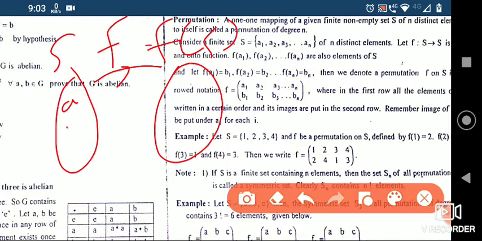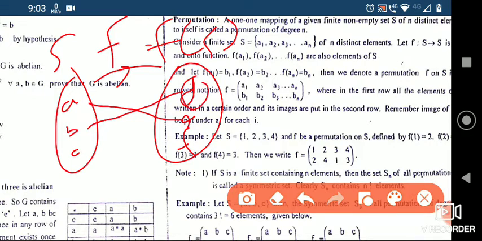So this is a, b, c, and here you can have only three elements, let's say that is d, e, f. So if a is mapped to e and b is mapped to d, then c should be mapped to f only. C cannot be mapped to d.